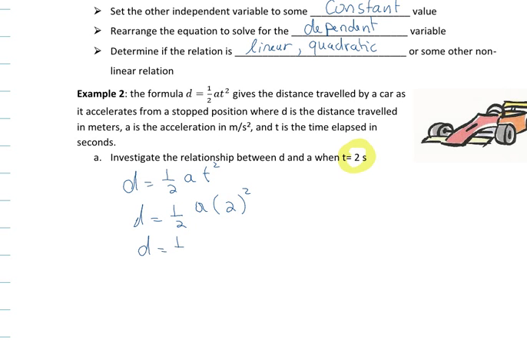Can I simplify this? 1/2 times A times 4, what is that equal to? What's 1/2 times 4? 2A. So you see, they gave me a value of T. I replaced it.